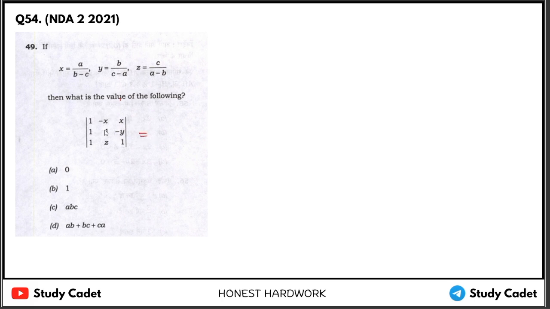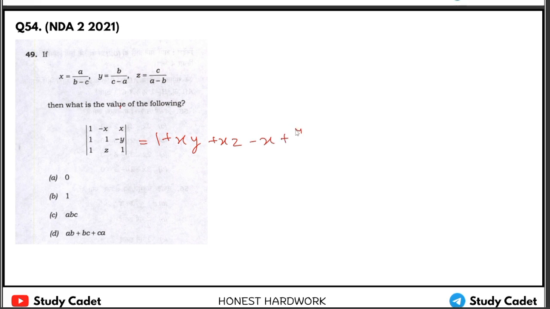What is the value of this determinant? 1 plus xy plus xz minus x plus y plus yz plus yz, then minus x plus x, plus x.